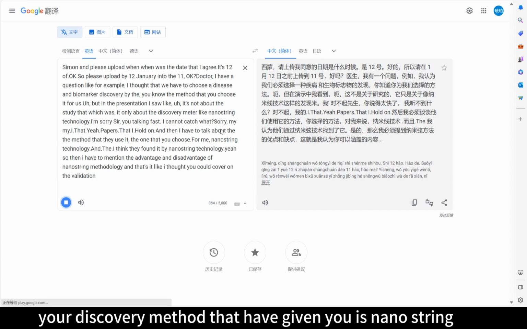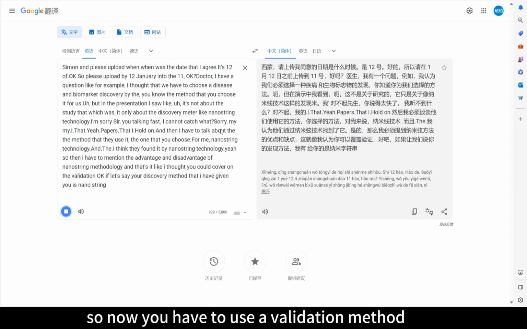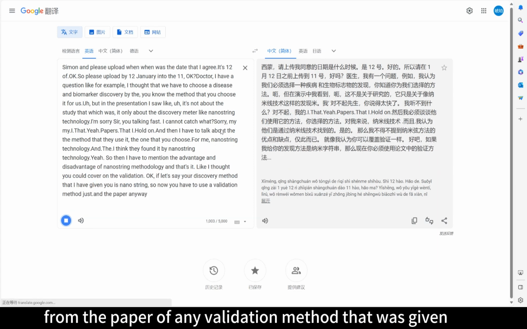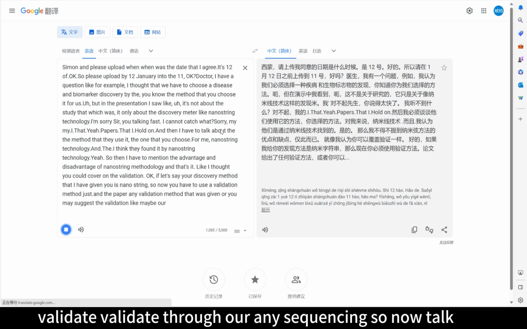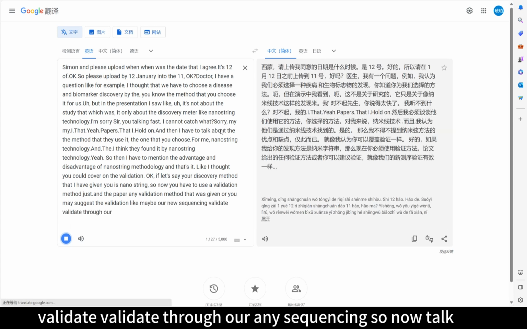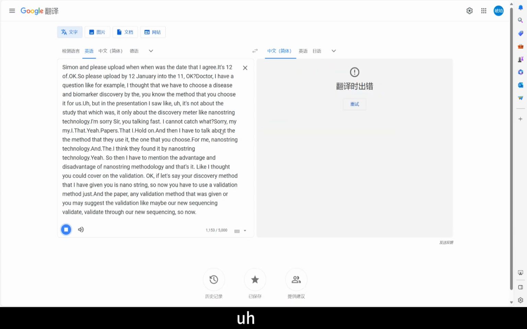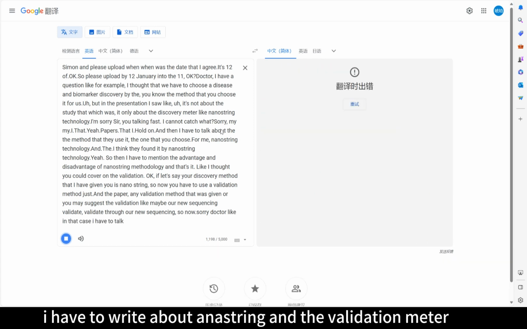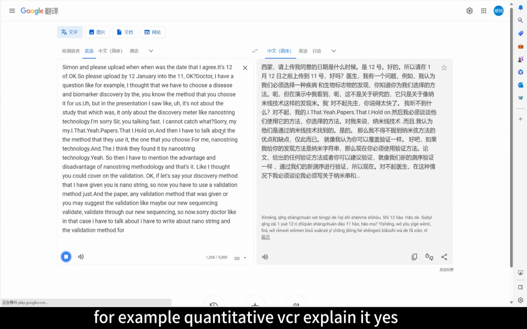If your discovery method that I have given you is nanostring, now you have to use a validation method. Just take from the paper any validation method that was given, or you may suggest a validation, like maybe RNA sequencing. So I have to write about nanostring and the validation method, for example quantitative PCR, and explain everything about them.